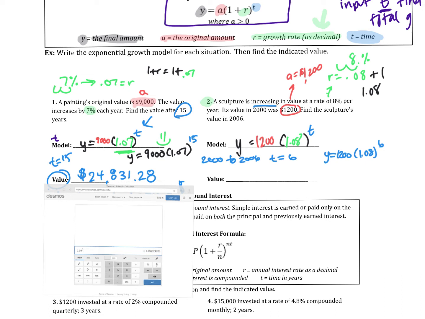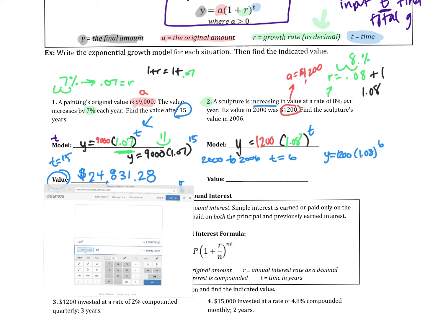That's giving me this number, 1.586. Don't round it. Just hit enter and multiply that by 1,200. Or in my case, I'm going to hit enter and push the A and S button and then multiply by 1,200 and get my answer.